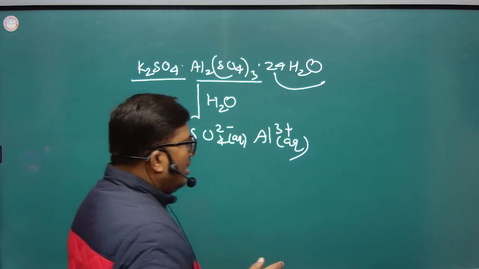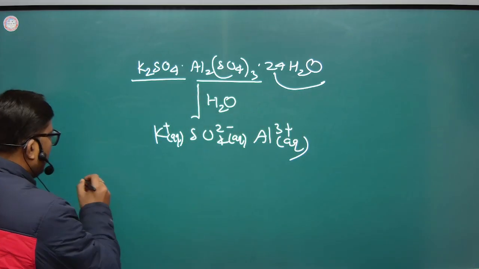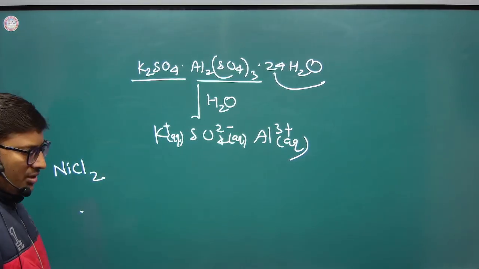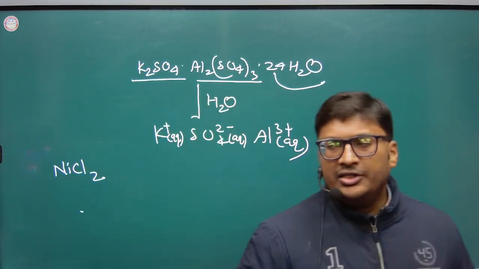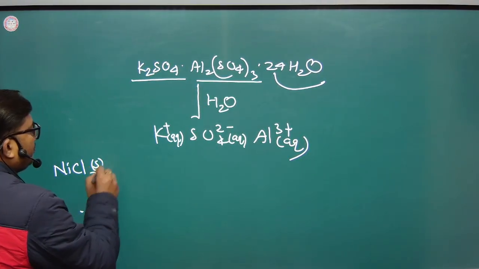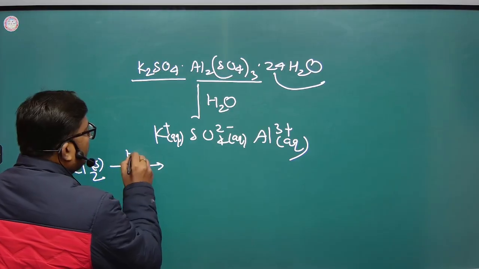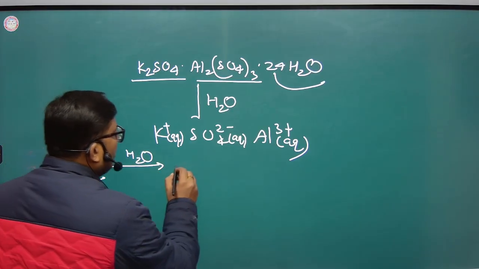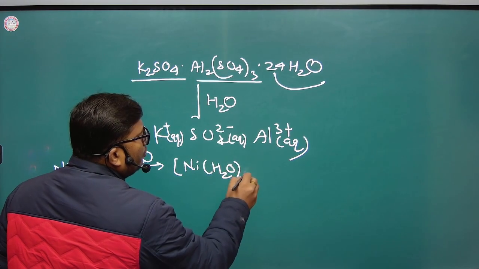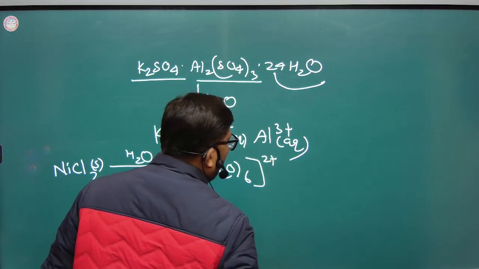What happens here? We can also give an example, suppose NiCl2, nickel chloride. In the solid state it looks greenish. Once it is dissolved in water, what happens? It becomes Ni(H2O)6, with overall 2 positive charge.